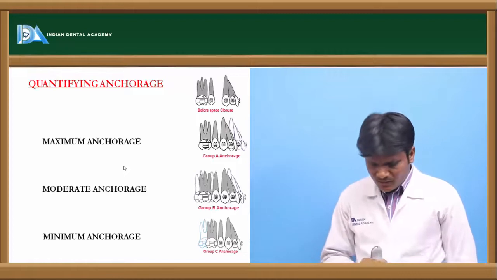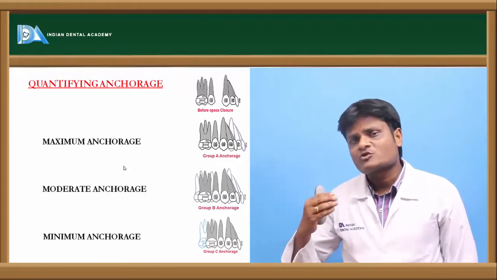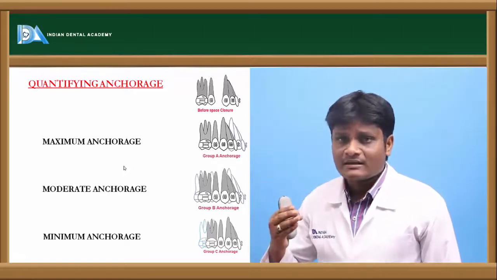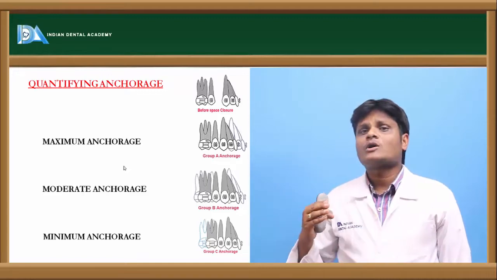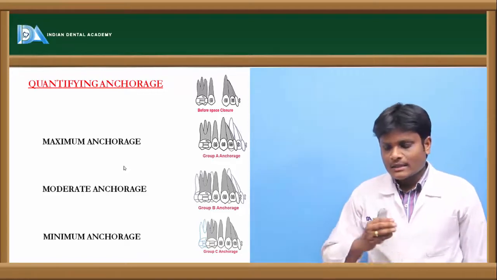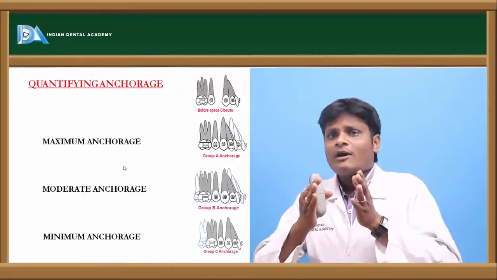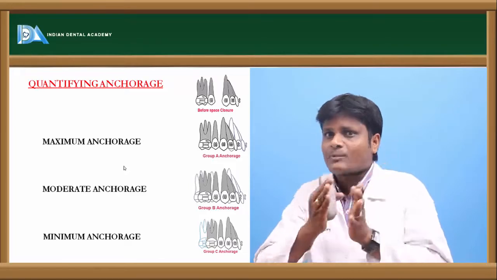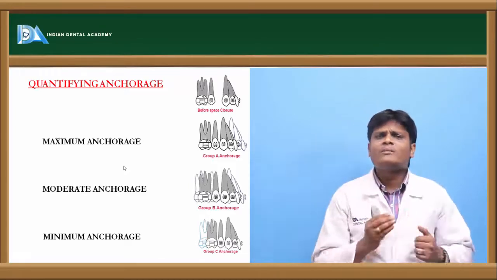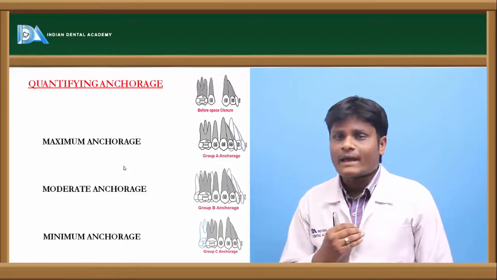That means in cases where we need a large amount of space to be utilized for retraction of anteriors, we use maximum or Group A anchorage. Whereas in cases where the extraction space might be half closed by anterior retraction and half closed by anchorage loss, that is posterior protraction, we will be using moderate or Group B anchorage.